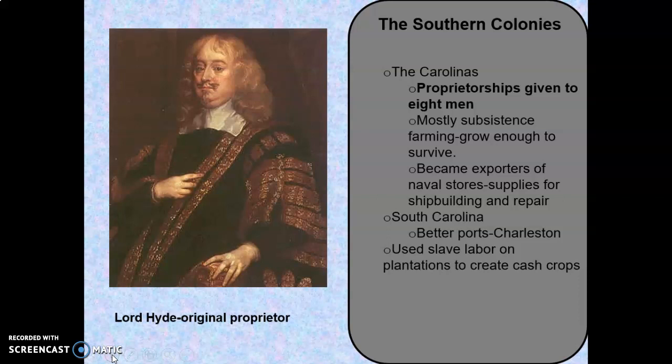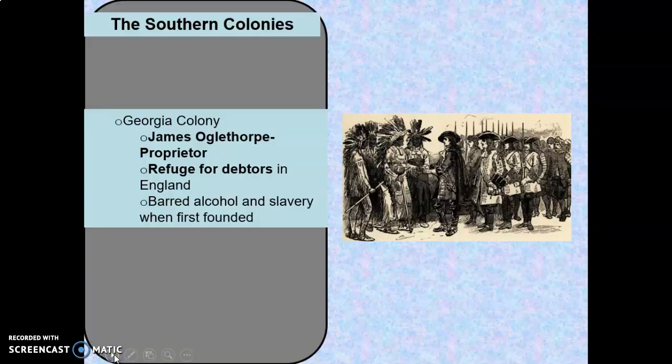Hate to say it, but the land down south has better ports than the land up north early on. The port of Charleston is a really good port for ships back then. And of course, yes, they used slave labor on the plantations to create cash crops.